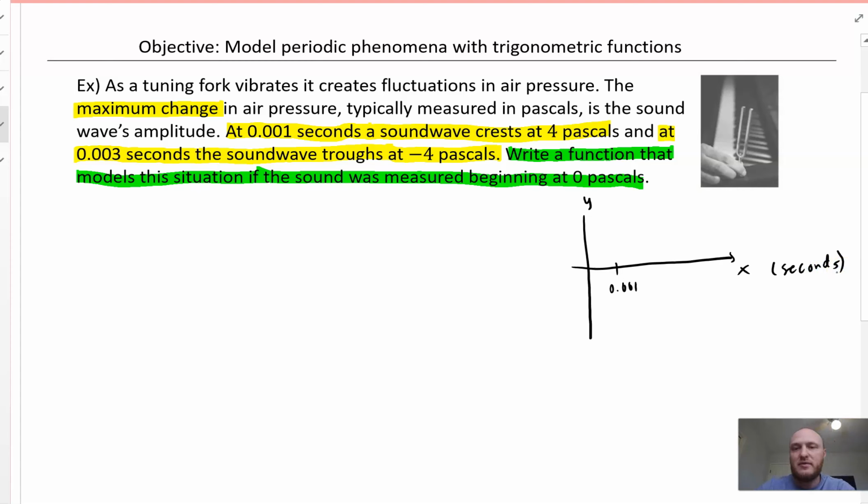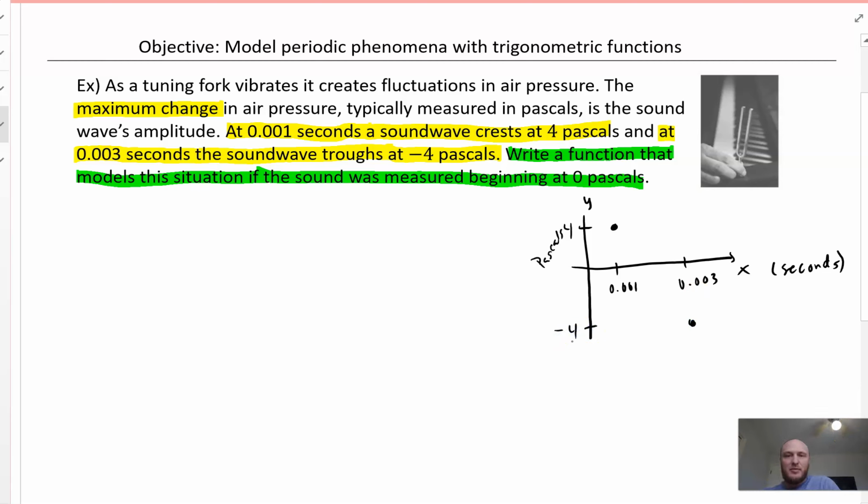It says a sound wave crests at 4 pascals. So this is 4, and this is measured in pascals. Right here is our maximum. Then they say at 0.003, the sound wave troughs at -4 pascals.